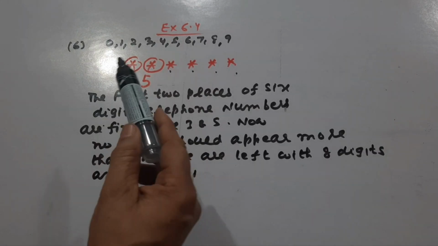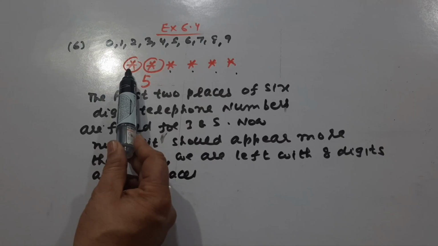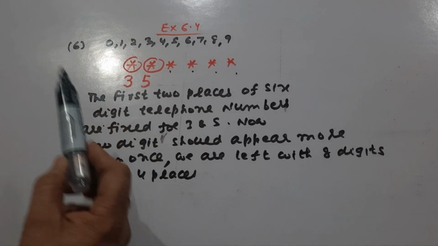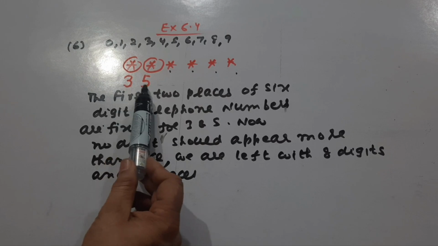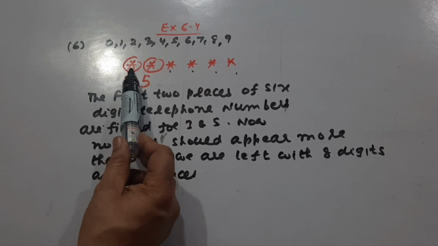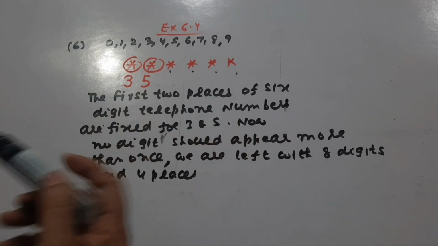The telephone number must start from 3 and 5. So out of 10, 2 digits, 3 and 5, are filled up over here. Now we are left with 8 digits and 4 places.